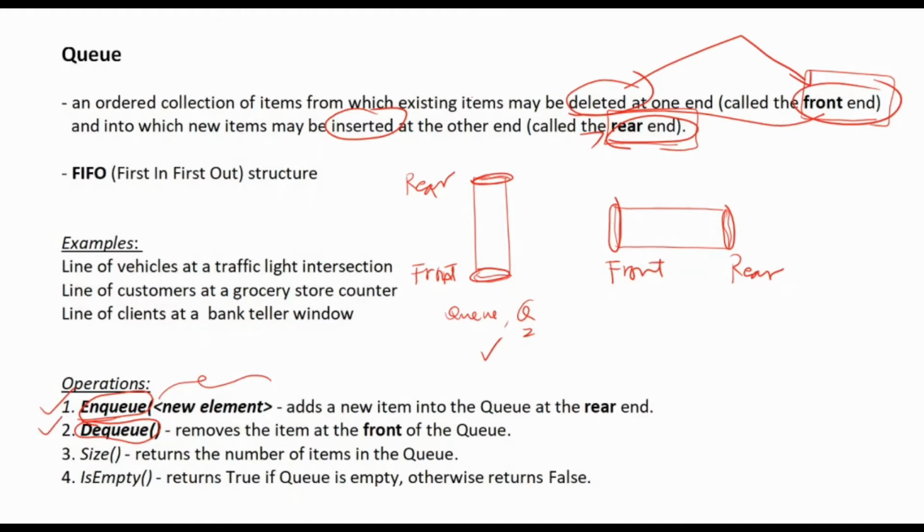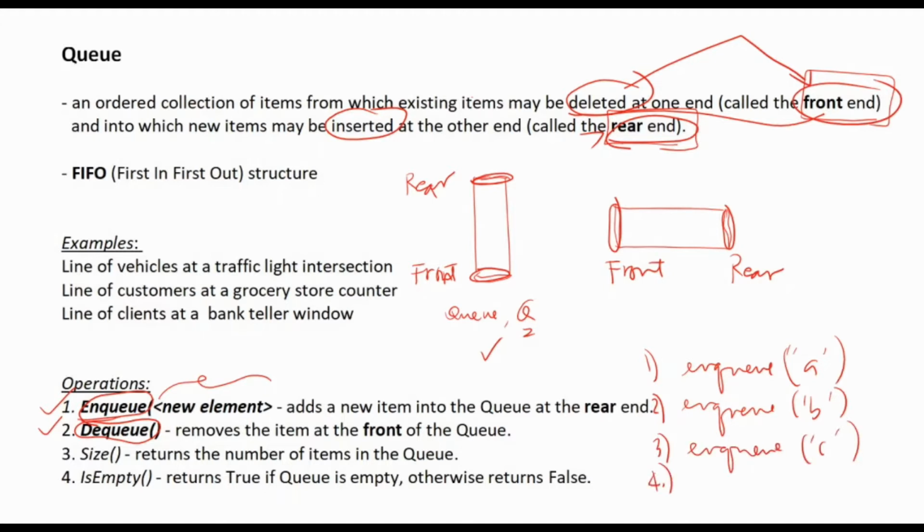So say for example, we're going to NQ element A, and then NQ element B. So this is the first to do, second to do, the third is say NQ letter C, and then the fourth operation is to DQ, and you could assign that front element which you delete from the queue to a local variable X in case you want to process it or need it at some point in your program.